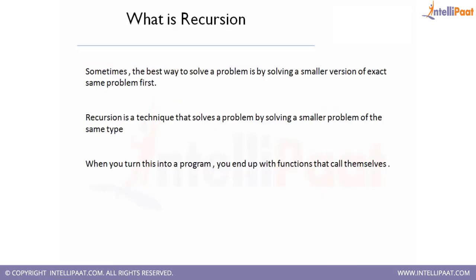So for recursion, sometimes the best way to solve the problem is by solving a smaller version of the exact same problem. Recursion is a technique that solves the problem by solving a smaller problem of the same type. Why am I saying a smaller problem of the same type? Because the problem that we have seen in the jigsaw puzzle is attaching the pieces. That is a small problem, and we identified that the jigsaw puzzle can be solved by attaching the pieces.